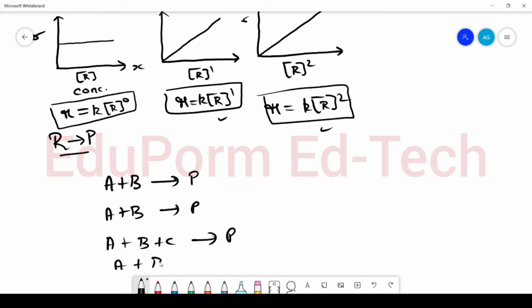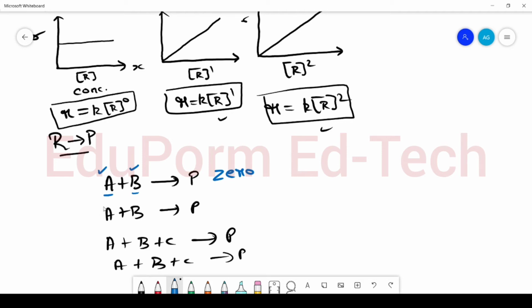If I am increasing the concentration of A and there is no change in rate of reaction, that means the rate of reaction is independent of the concentration of reactant A. Similarly, if I am increasing reactant B and there is no change in the rate of reaction, then rate is also independent of the concentration of reactant B. So in this case, the reaction becomes a zero order reaction as the rate of reaction is independent of the concentration of each of the reactants present.